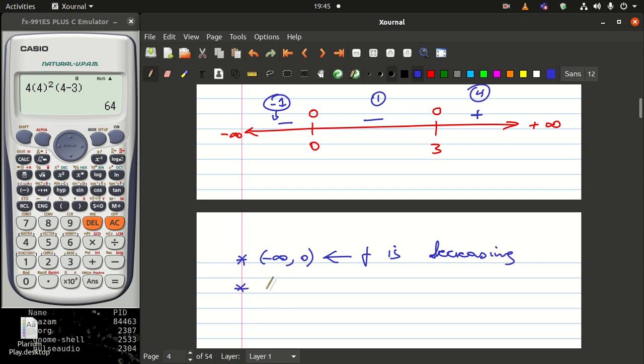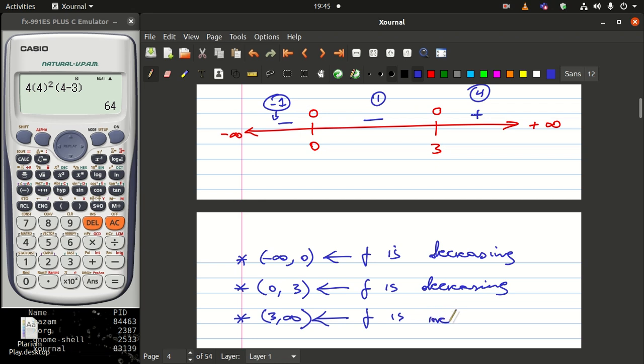And if you look from 0 and you're going to 3, you can also see that the function f is still decreasing. Then you go for this interval here, and you can see that from positive 3 up to positive infinity, the function f is increasing because we're having a positive first derivative.